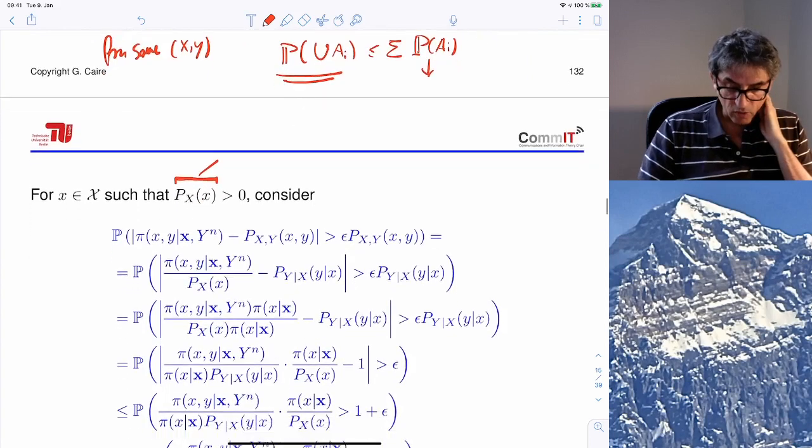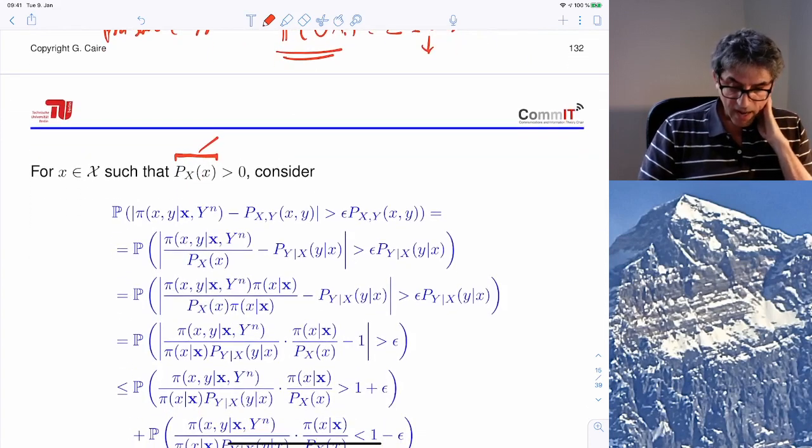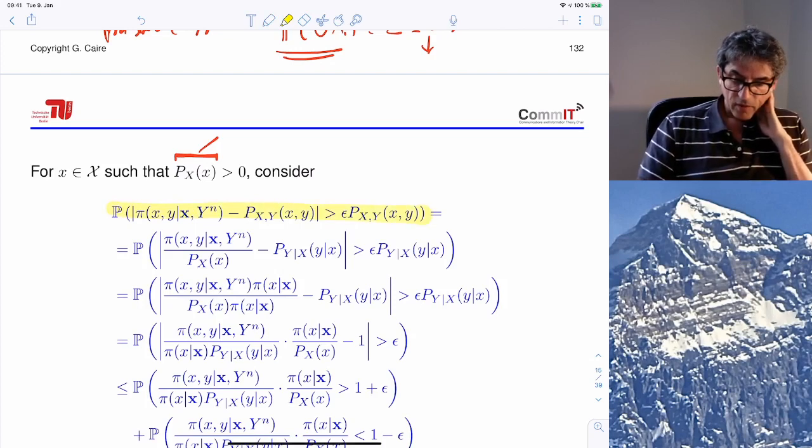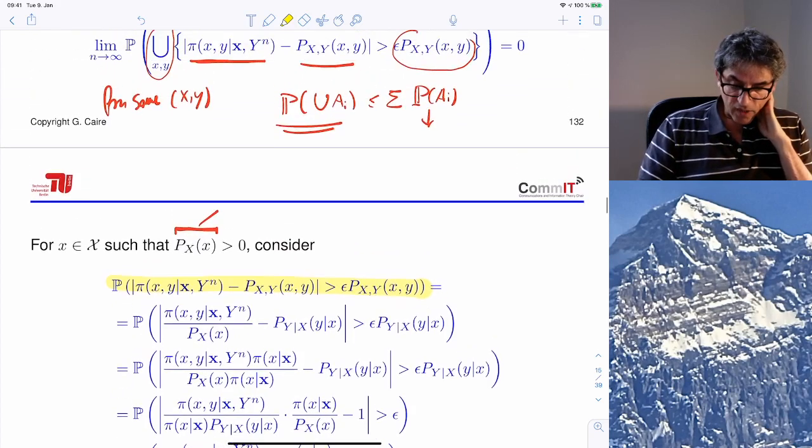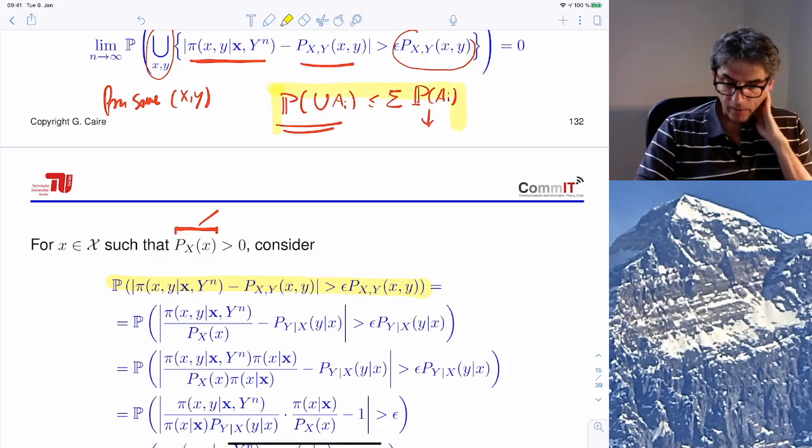So here we consider a specific pair x and y. We pick an x, and then we fix x and y, and we look at the probability here. The probability that the empirical frequency deviates from the true probability by more than epsilon times the probability. And if we can prove that this goes to 0 for every x and y, we are done by the union bound argument.